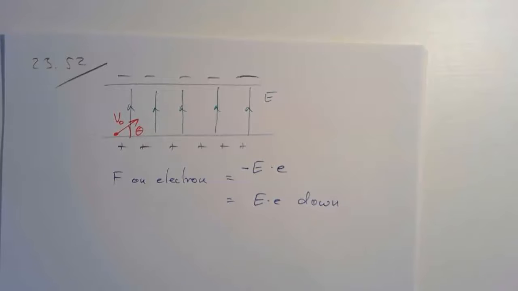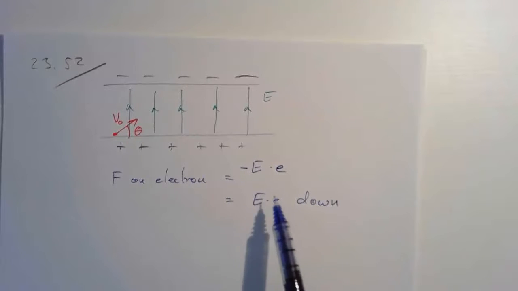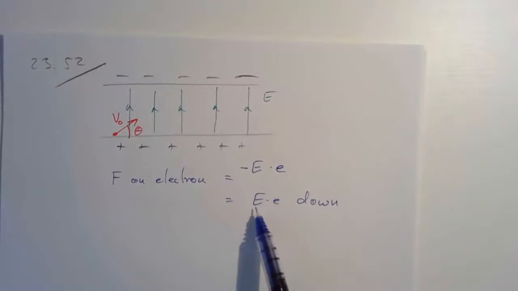I'm trying to eliminate any sort of ambiguity about signs, or what's positive, what's negative. I look at a situation and I can decide right away: it's an electron inside an electric field. The electric field points up. The electron is negatively charged. Therefore, the force is down and it has this strength, the strength of the electric field itself times the charge of the electron.